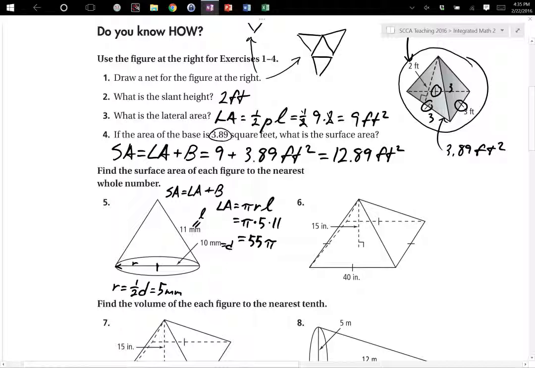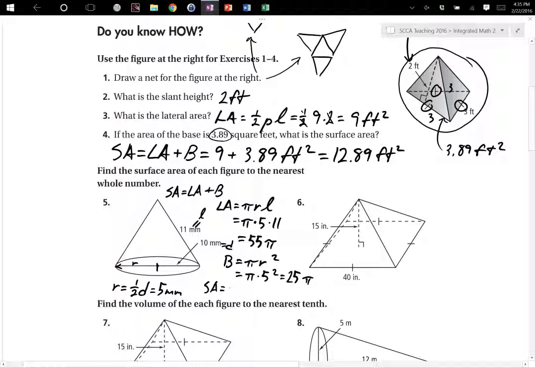And then I can even round that. I'll round at the very end. What is my base area? My base area is pi r squared. So pi times 5 squared. So I get 25 pi. So what is my surface area?